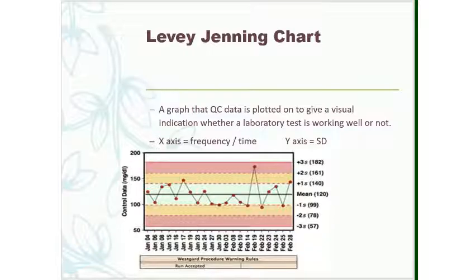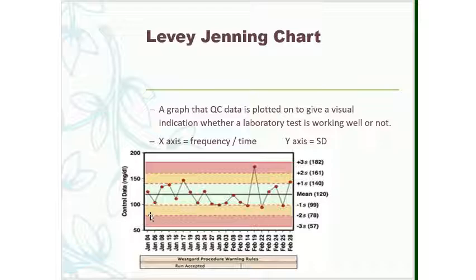The Levey-Jennings chart is a graph on which the QC data is plotted to give a visual indication of whether a laboratory test is working well or not. The x-axis presents the frequency of time running the QC, while the y-axis represents the standard deviation.